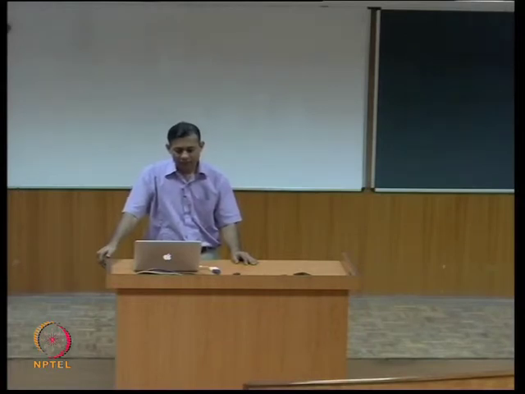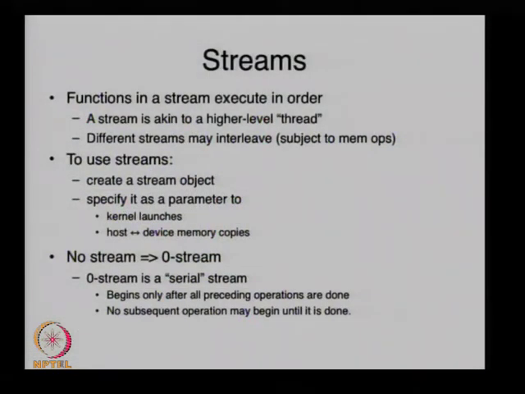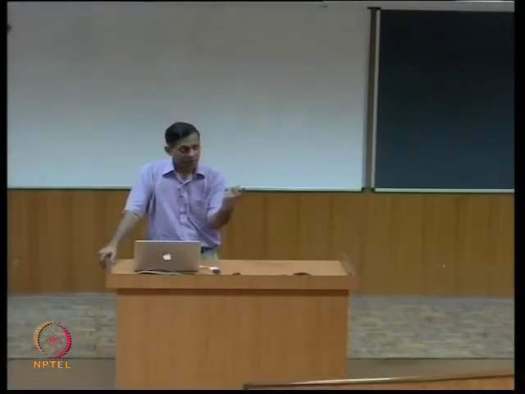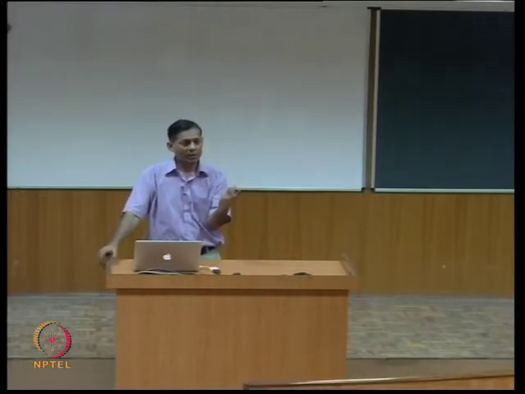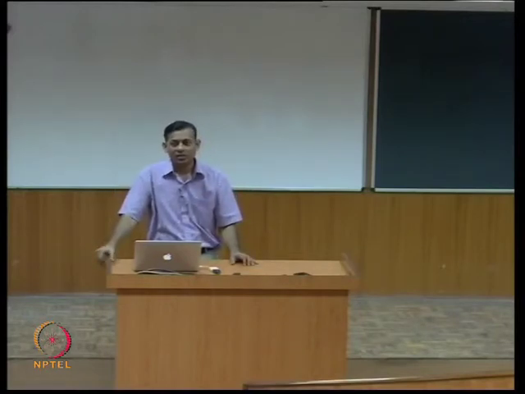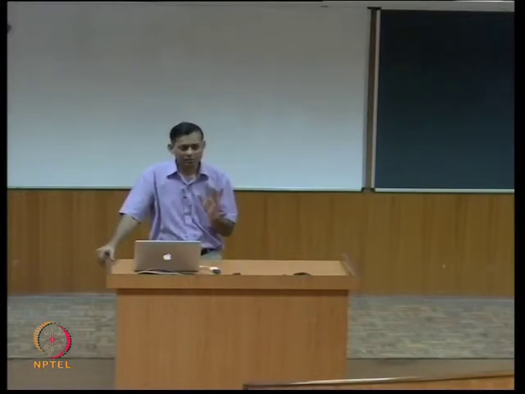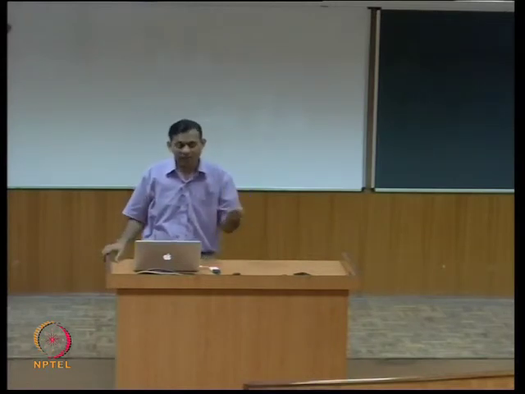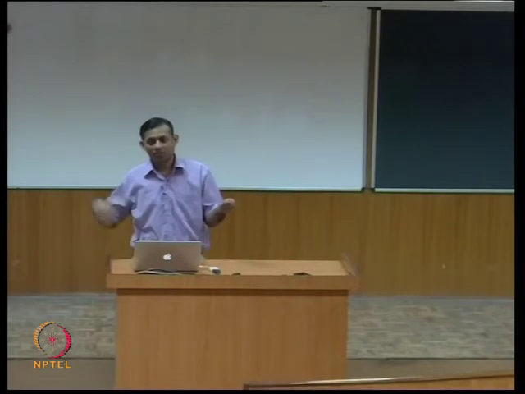So the idea of a stream is straightforward. You break down your computation into different sequences. Each is still sequential from the host's point of view. But these different sequences, or streams so to speak, are concurrent. They're not independent of each other, because there are some restrictions on when a given stream's operation can run versus other streams.